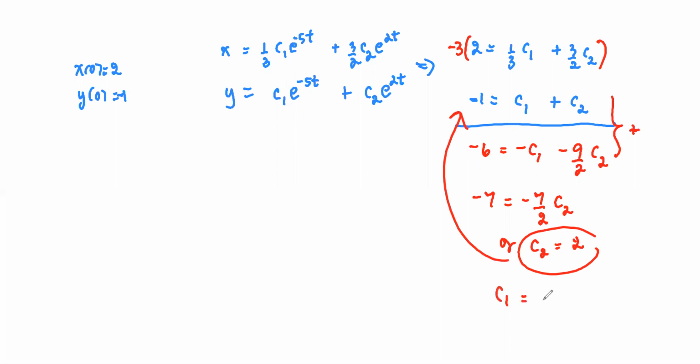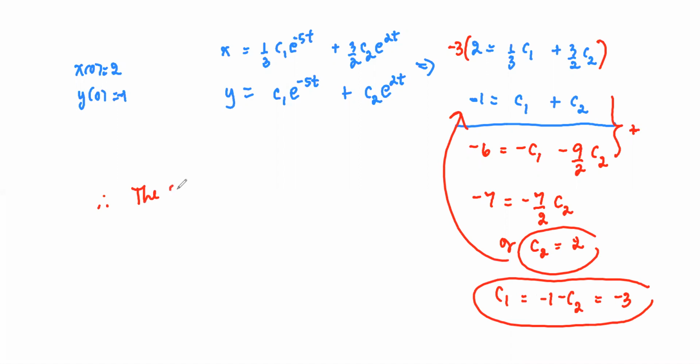So c1 equals negative 1 minus c2, or negative 3. Then the solution is x equals c1, which is negative 3 divided by 3, so negative 1 e to the negative 5t, and with c2 as 2 it becomes plus 3 e to the 2t. And y equals negative 3 e to the negative 5t plus c2, or plus 2 e to the 2t.